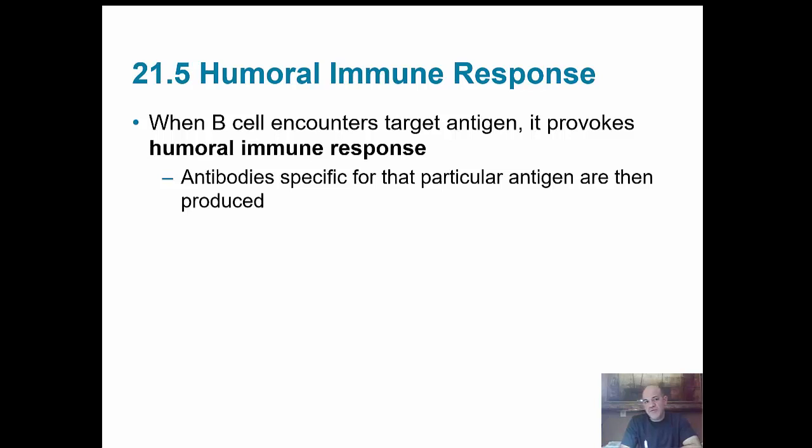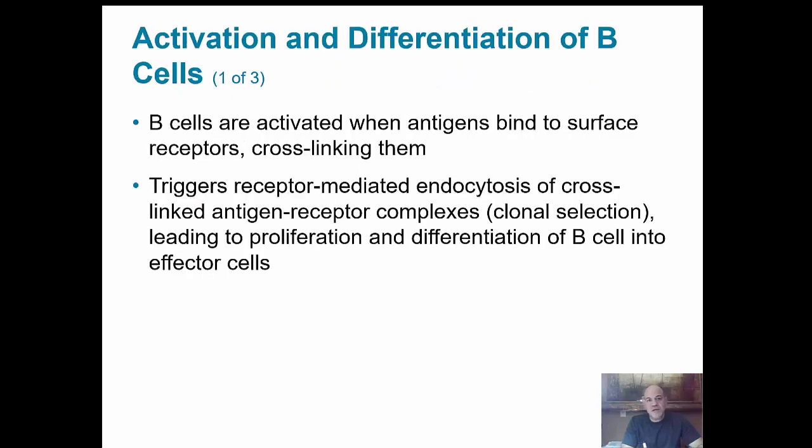The humoral immune response occurs when a B cell encounters a target antigen, and antibodies specific for that particular antigen are then produced. B cells are activated when the antigens bind to the surface receptors, which cross-links them.